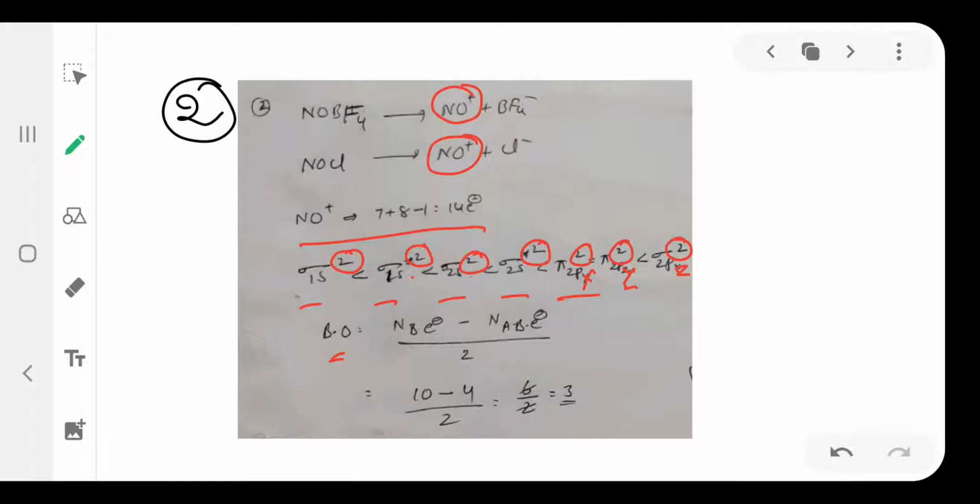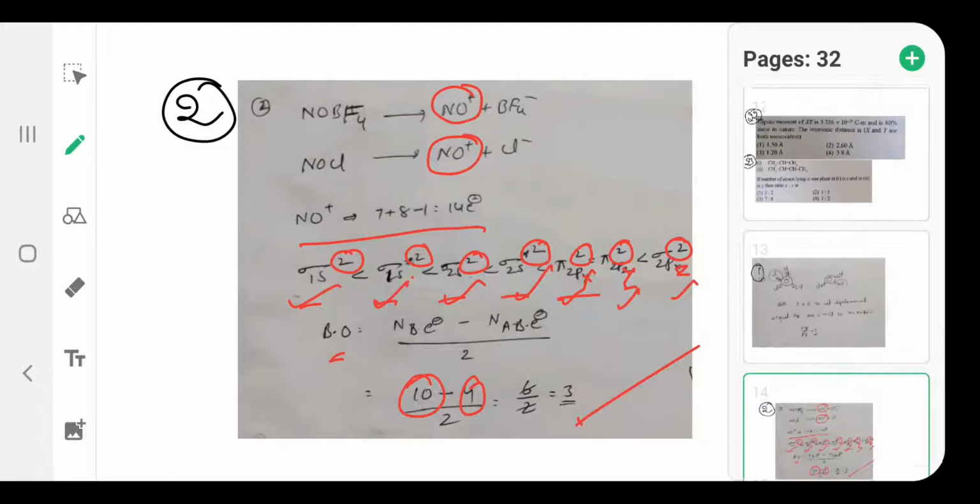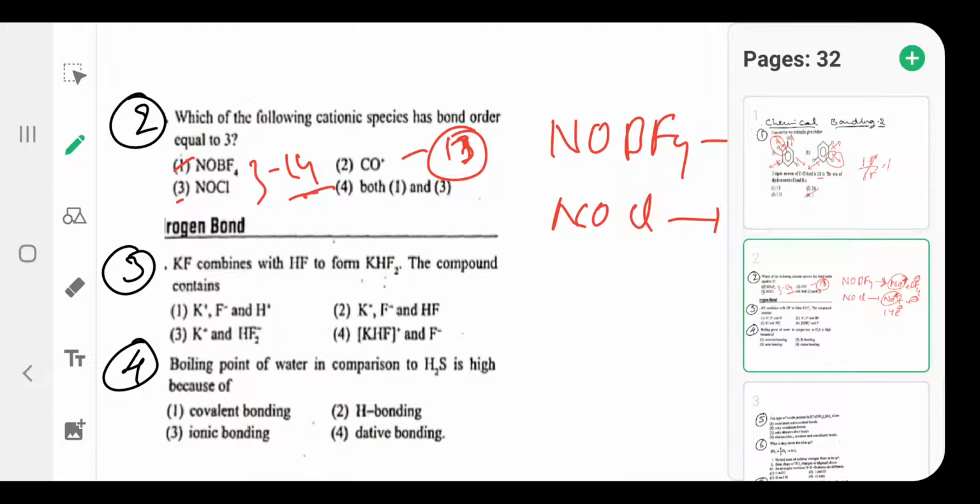Bonding means without star: 10 electrons. Antibonding means with star: 1s and 2s, which is 4. So 10 minus 4, divided by 2, is 6 by 2, which is 3. So bond order 3 is due to NOBF4 and NOCl. Both have bond order equal to 3.